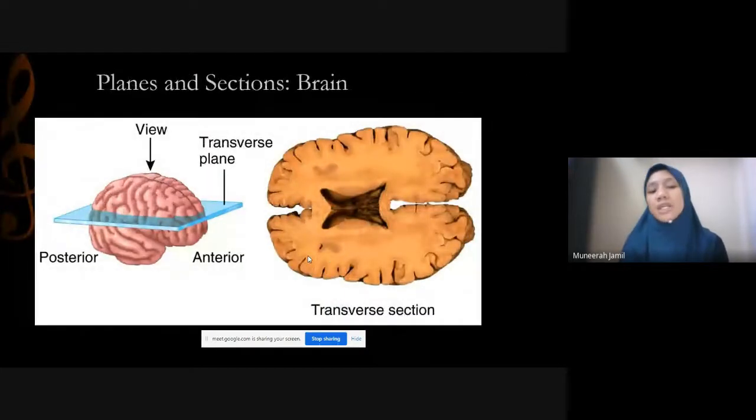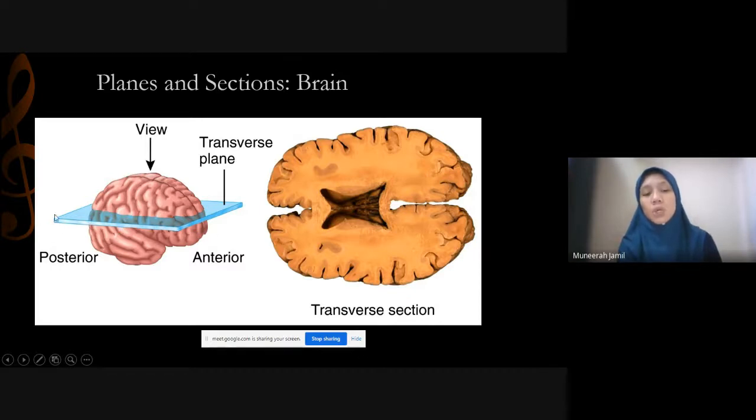Okay, so for example, if you want to see the brain itself, kalau you buat transverse plane dekat brain, you can see bahagian superior dengan bahagian inferior. So ni anterior daripada brain tu, ni adalah posterior brain. So you cut it into half into the transverse plane, then you can actually see like this lah.